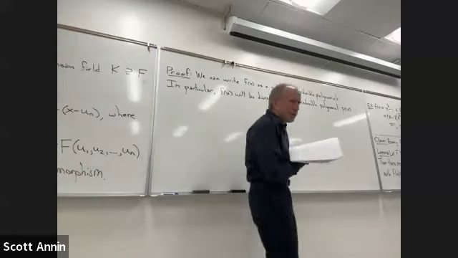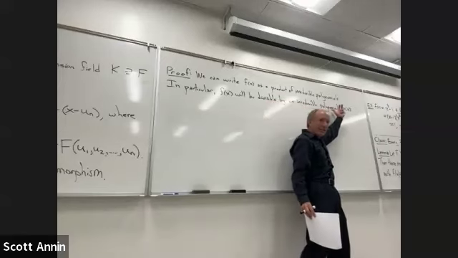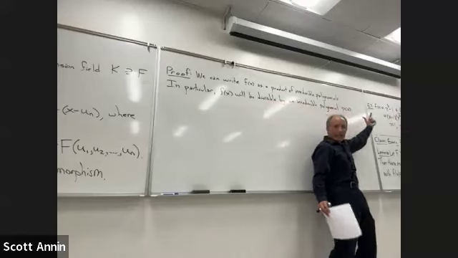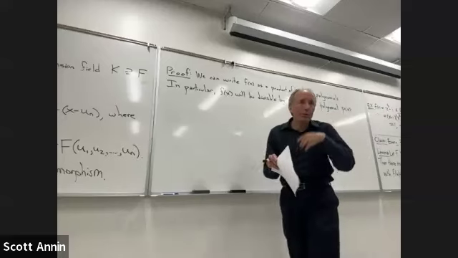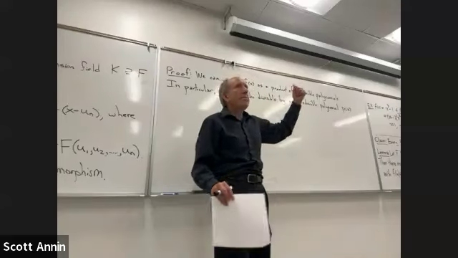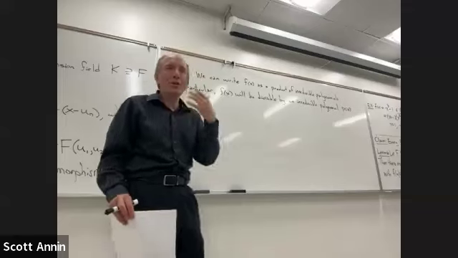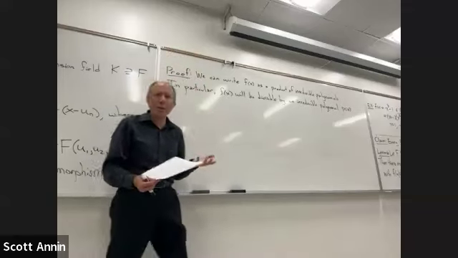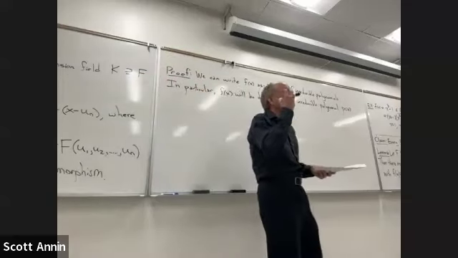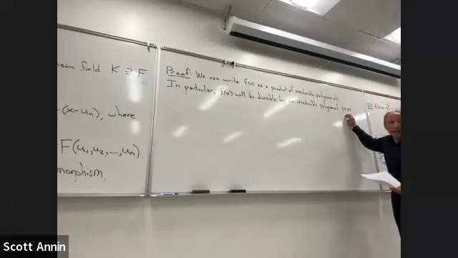Now, you have learned, I assume, that if you form the ideal generated by an irreducible polynomial over capital F of x, that is a maximal ideal. Does it sound familiar? Remember the theory of ideals over polynomial rings: all of those ideals are principal, generated by a single element.